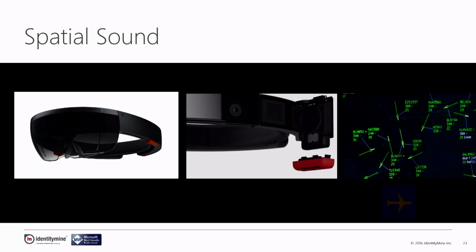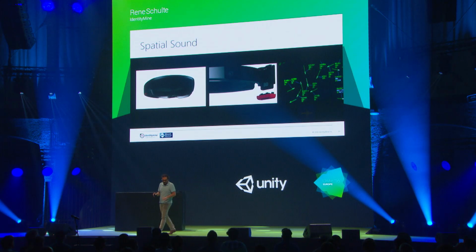So we use it to play back air traffic control conversations. And we play those back at the plane position in 3D space, right? So it's not just adding value from the ATC conversation itself, but it also gives the user a spatial hint where to turn the head. Because as you can imagine, you don't see all the holograms all the time. So when you walk away, when you walk around, this terrain might be here, the plane might be flying there.